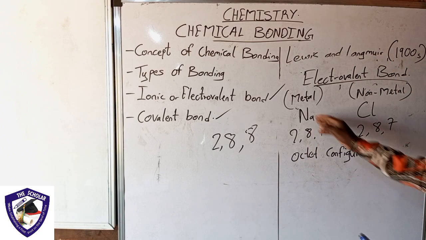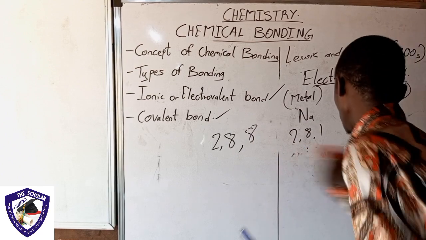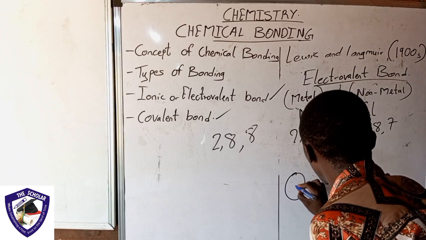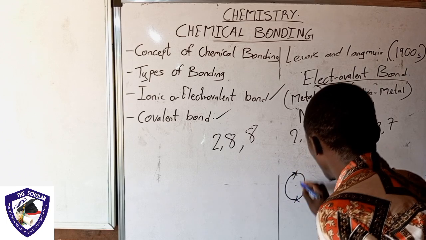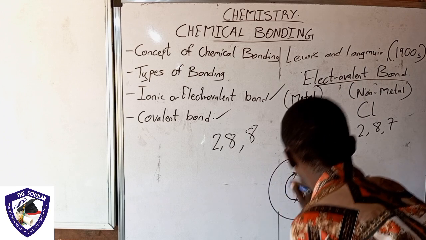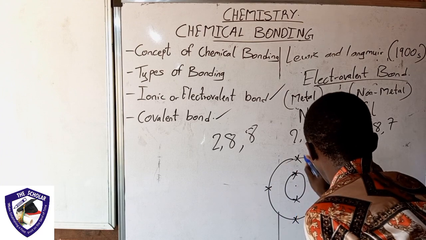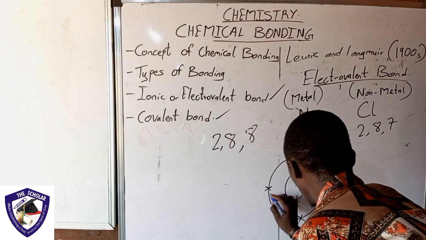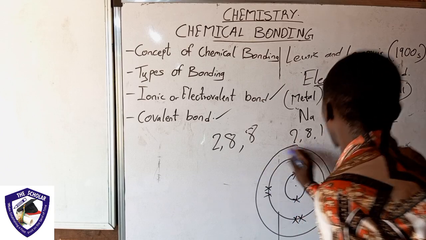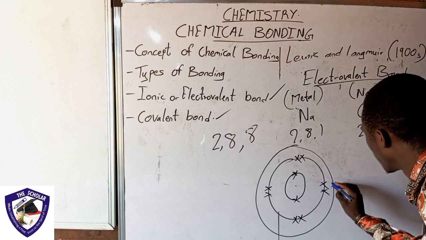Now let's look at sodium and chlorine, the kind of bond that is formed between the two. Now for sodium, we have the 2 electrons. Now the 1 electron, you can fix it anywhere, but I'm fixing mine here.